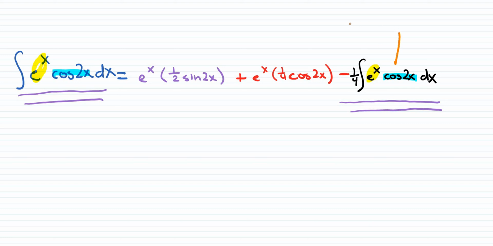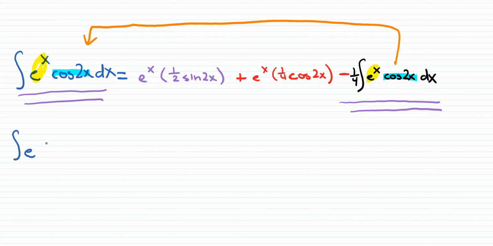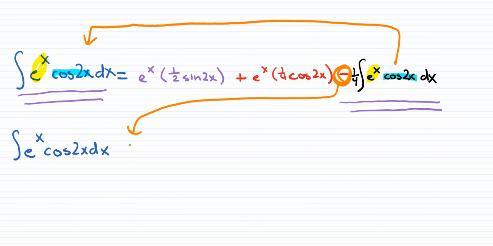So now the next strategy here is I want to take this integral and move it over there. So this is going to be the integral of e to the x times cos 2x dx. So now you're treating this like a linear equation, where you're bringing something from the right-hand side to the left-hand side. If this is a minus sign, then if I bring it over, it should be a positive sign.